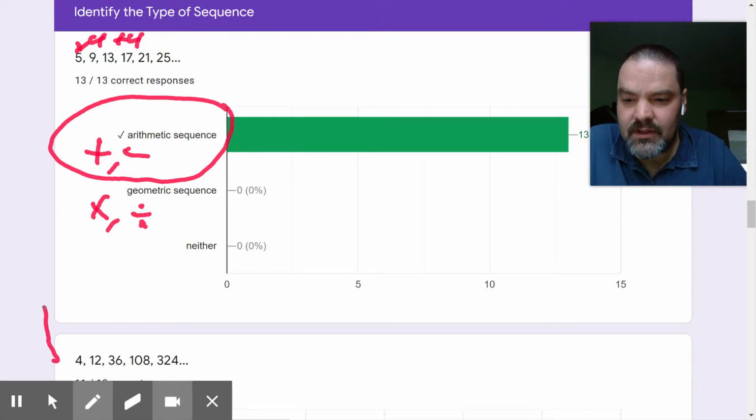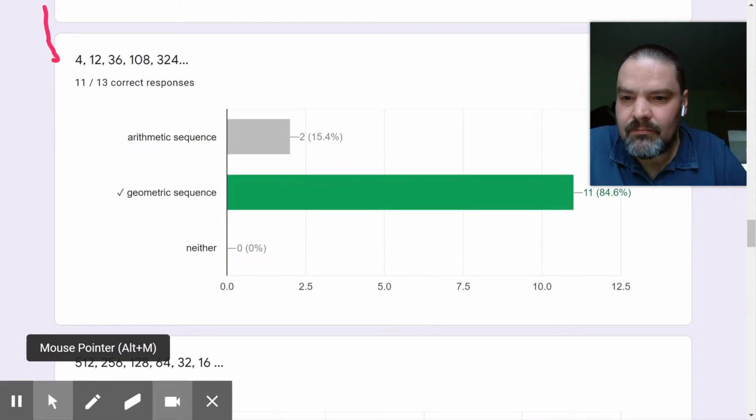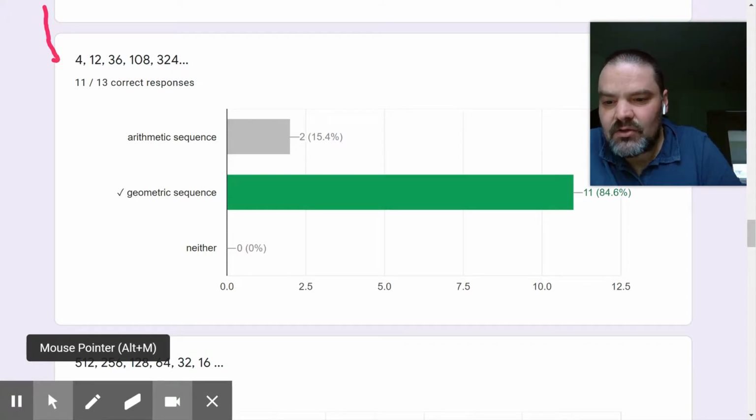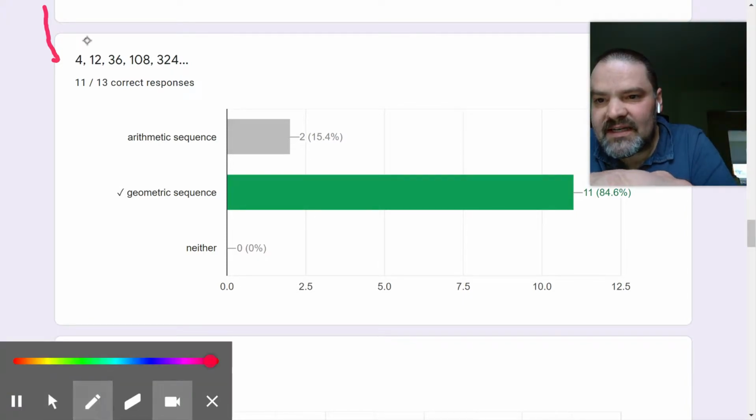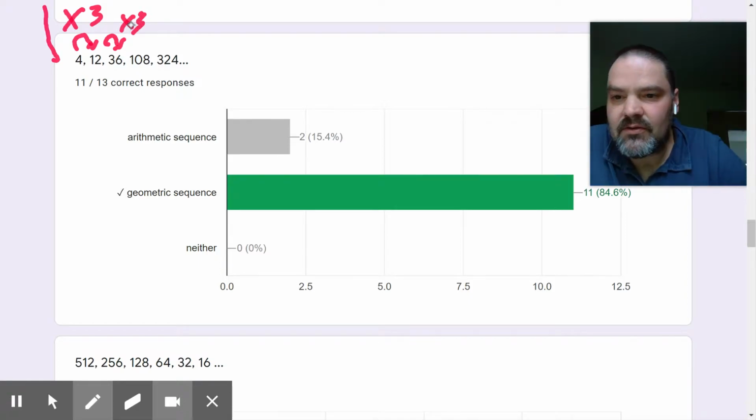The next one, generally, people did well on that. But this was a geometric because each time you go from one term to the next, you multiply by 3. That's times 3, times 3. So, how can you determine definitively if you're doing that?